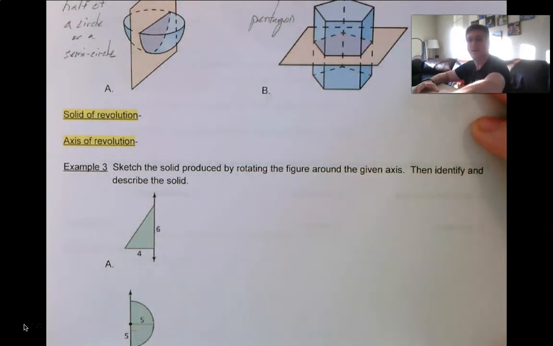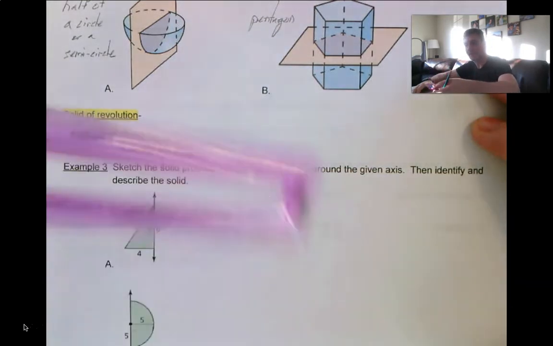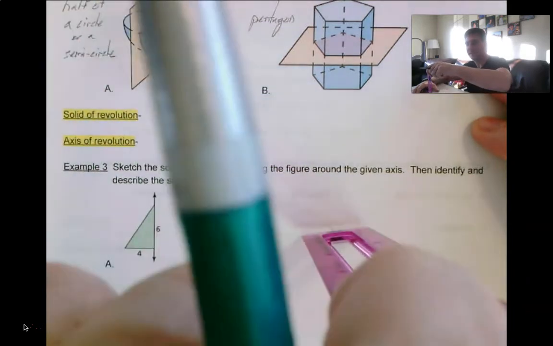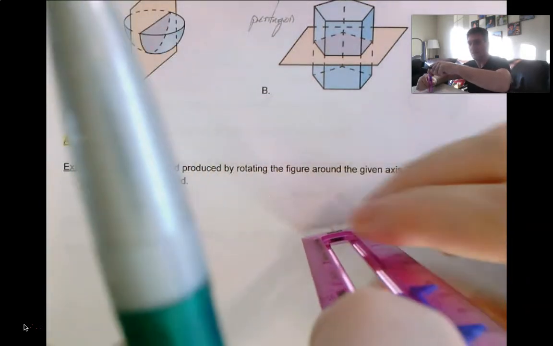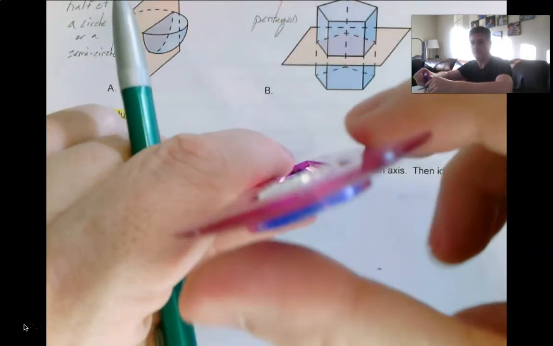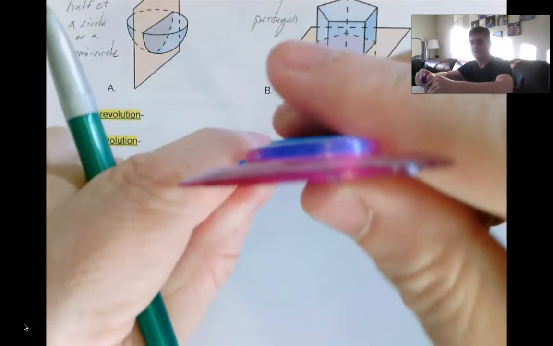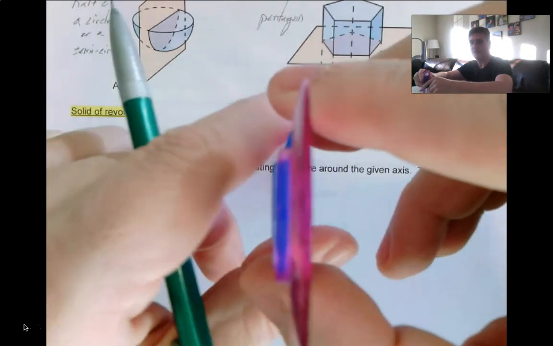So what do I mean by produced by rotating the figure? So here I have a rectangle, and if I take this rectangle and rotate it, it doesn't cut out a rectangle.